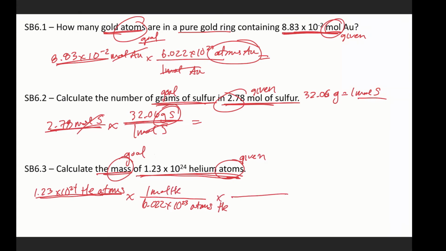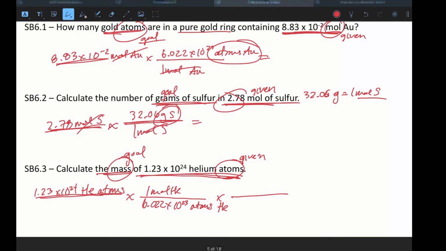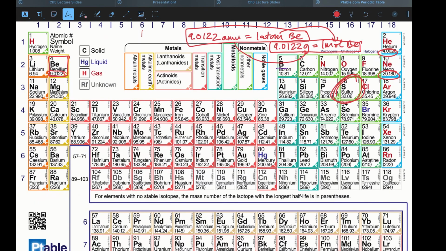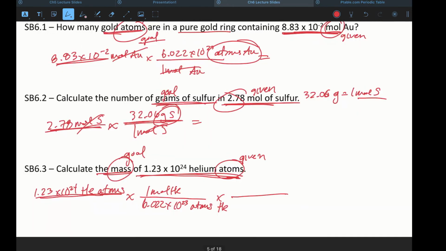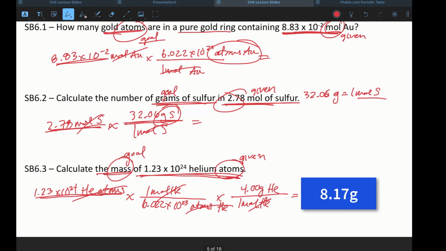Now I need to go look at my periodic table, which says 4.00. All right, and then we would just do our math and we would come up with the right answer. Yes, does that make sense? Okay.